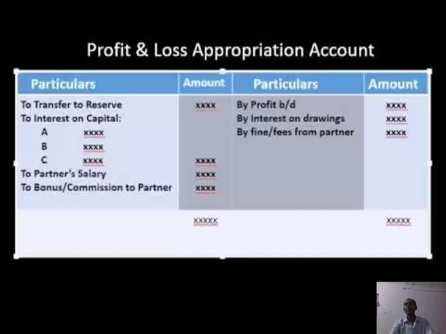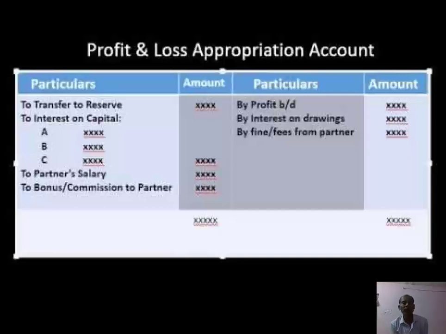Interest on drawings from the partners is income to the firm. Fines and fees from the partners are also income. See carefully: profit, second one interest on drawings, third one fines and fees from partners. These are all the incomes.